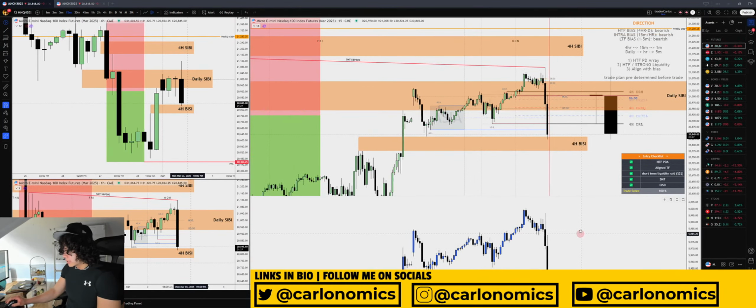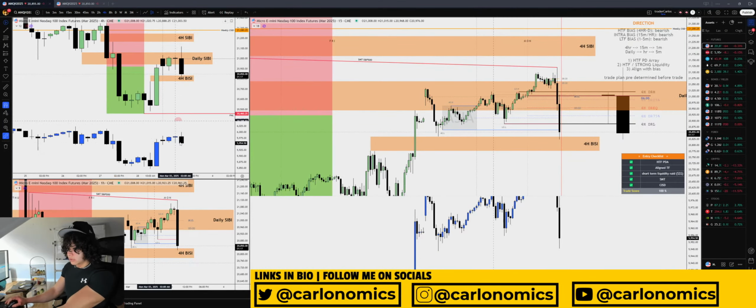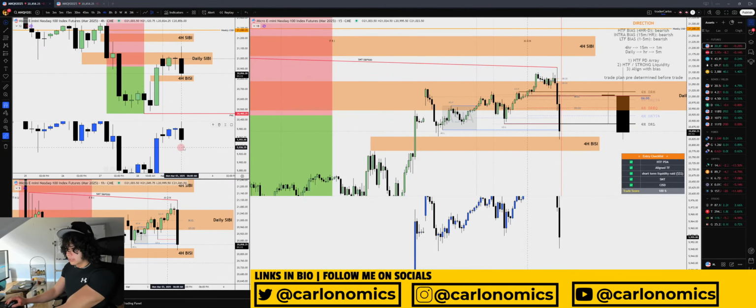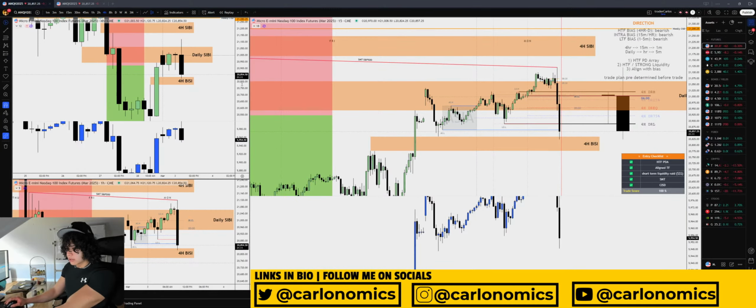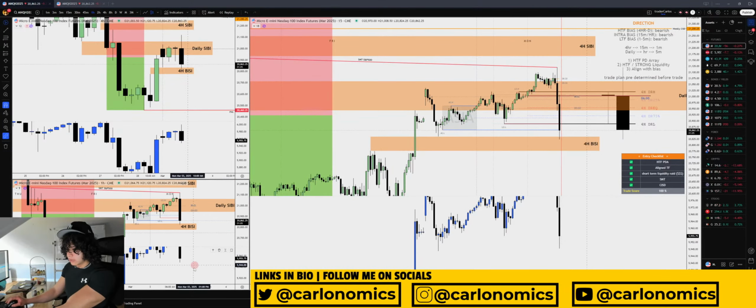Now we're gonna look for SMT at the lows, see what ES is doing. So ES hasn't taken out the lows yet. Let's look at ES on the 4-hour. Yeah, so ES hasn't rebalanced our 4-hour yet. I'm actually gonna have ES pulled up here. Let's look at ES on the hourly.